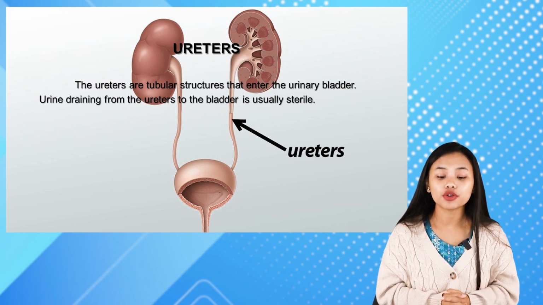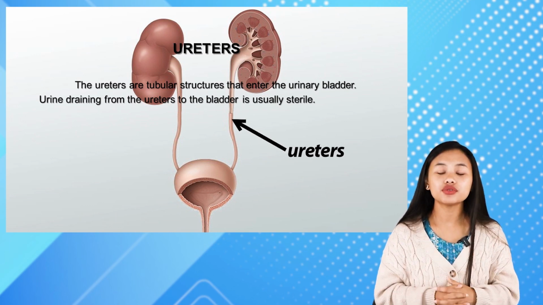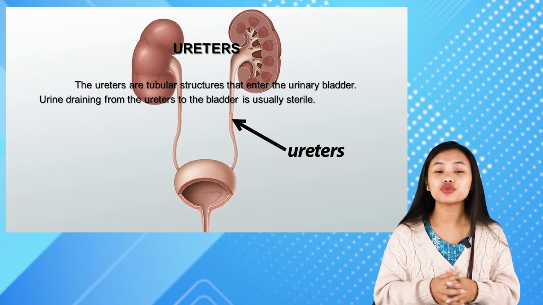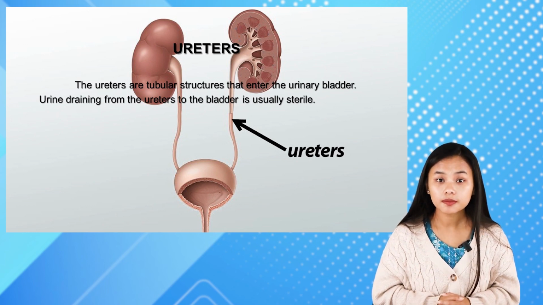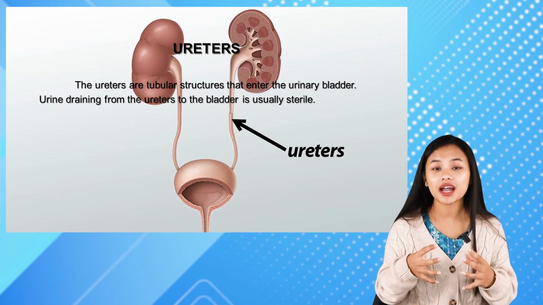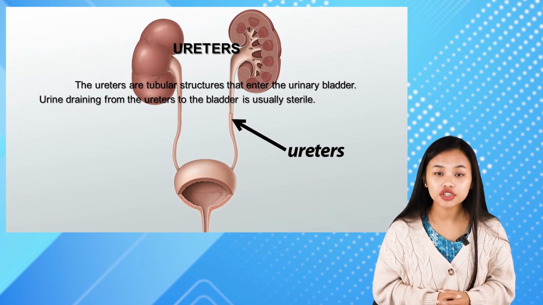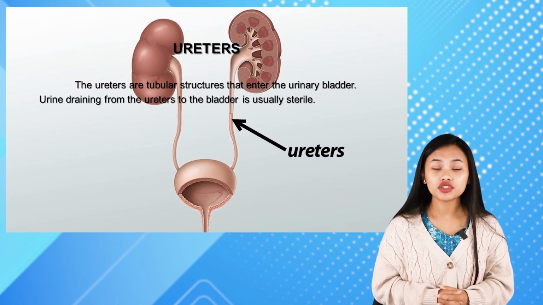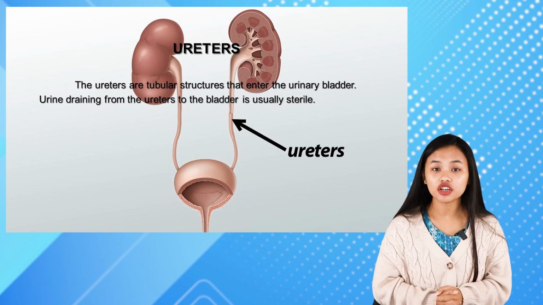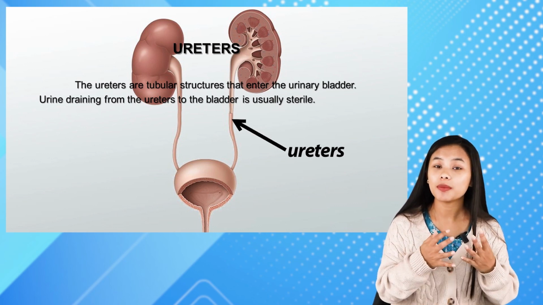Here the peristaltic wave causes the urine to enter into the bladder. These ureters enter obliquely through the posterior bladder wall. And because of this arrangement, it prevents the reflux of the urine from the bladder into the ureters during the act of micturition by the compression of the ureter at the ureterovesical junction, which is the juncture of the ureter with the bladder.